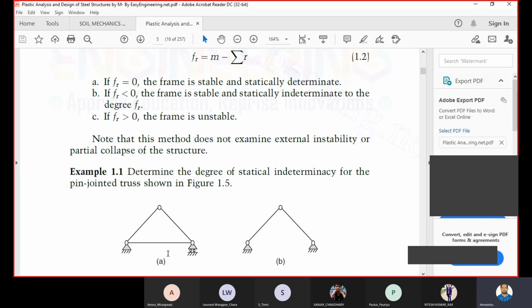Statical indeterminacy SI is equal to... are you writing?